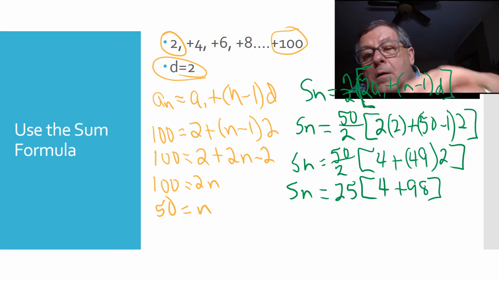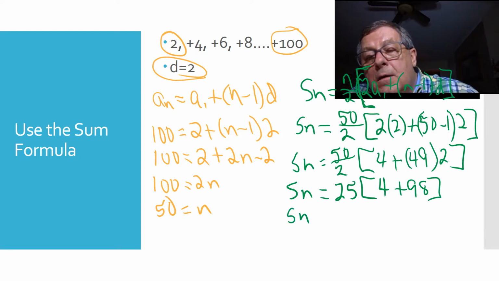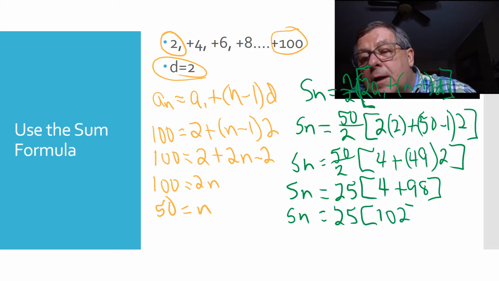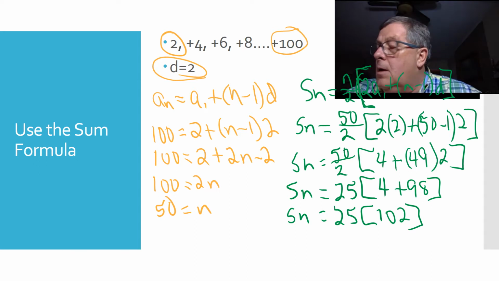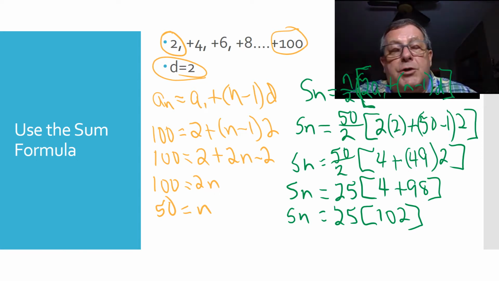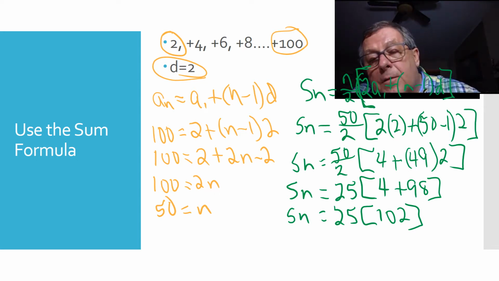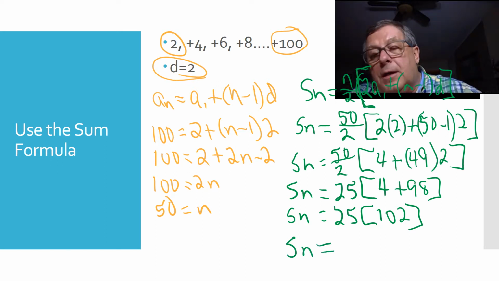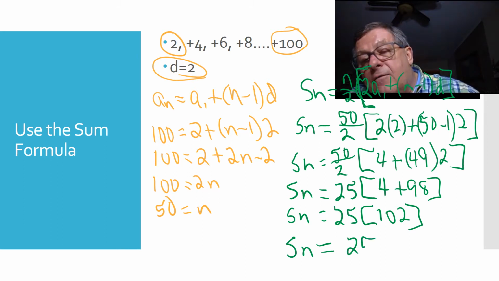And Sn equals 25 times 102. 4 plus 98, I believe, is 102. And 25 times 102, I've already figured this, so I'm not going to pull out my calculator, but ordinarily I would. And that's going to equal 2,550.